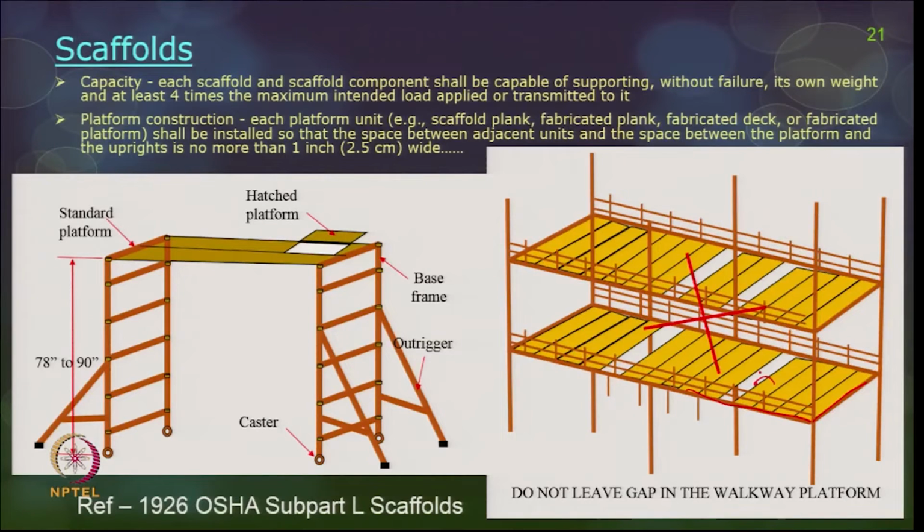Between the scaffold planks you should not have any gaps, and they should be arranged closely like this. And these are the outriggers, used to keep a mobile scaffold in position, and you can also have hatch platforms for movement of people and material.